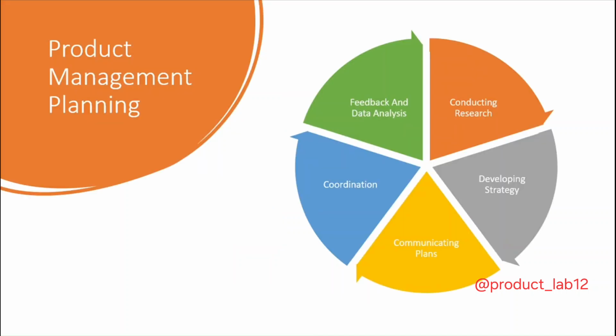Now, the second thing is product management planning. There are some common factors to keep in mind while planning for product management duties. The first thing is conducting research, to gain expertise on the company's market, user profiles, and competitors. The second thing is developing strategy. There are distinct goals, objectives, and a rough timeline that should be outlined.